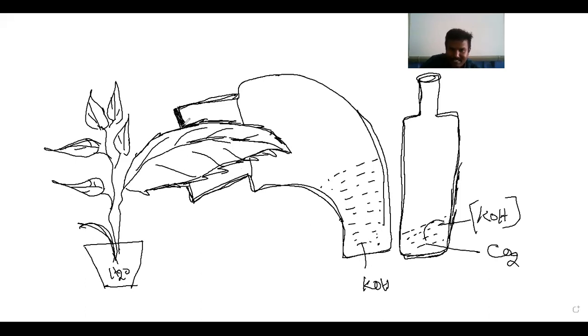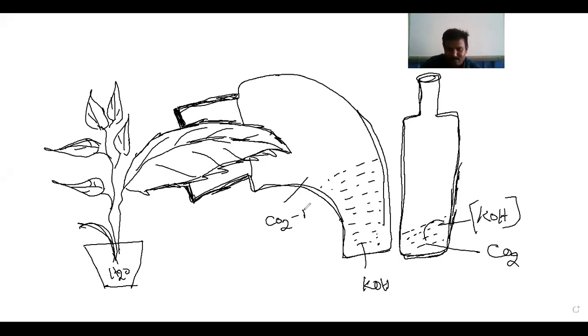So here you apply paste or grease or any cream to prevent carbon dioxide from entering the beaker. However, inside of the beaker, carbon dioxide is absent.